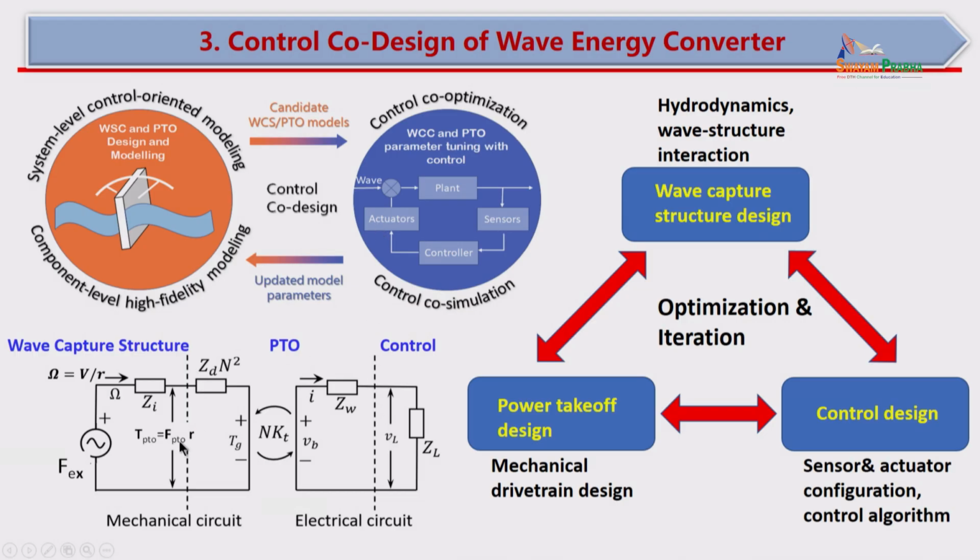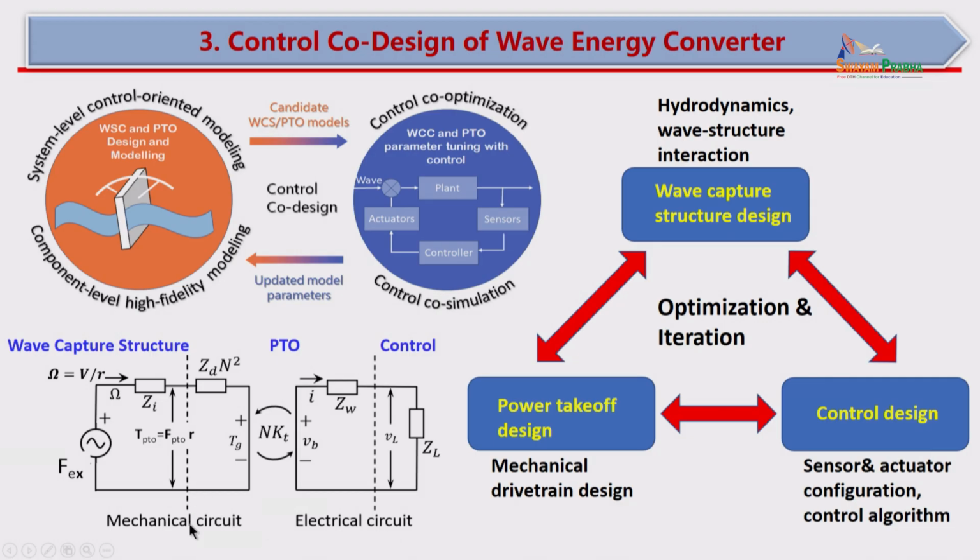And why do we need to consider them together? If you learn electric circuits, you can model the system, including everything, using electrical elements. When you harvest energy, every system has an input impedance and an output impedance, and you need to match the impedance so that you get maximum power output.